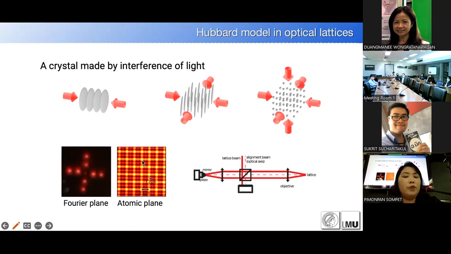The atoms will be trapped at the very strong light here, here, and here. So it's trapped at the strong blob there. That's how we create a lattice structure, and we trap atoms to do that famous phase, whatever the phase is.